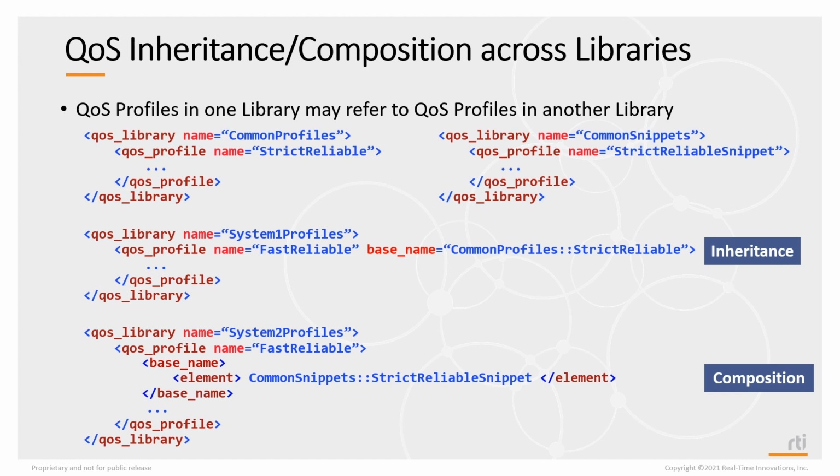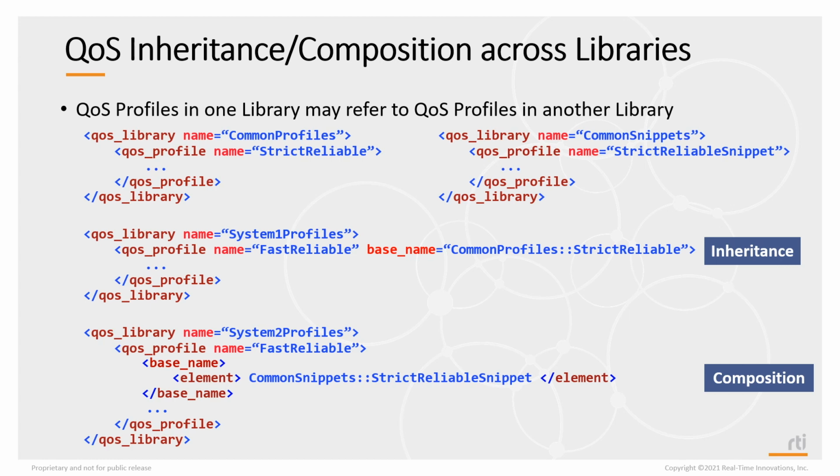Similarly, I could have a different library, let's say System2 profiles, and in there I also want to define a fast reliable QoS profile, but instead of inheritance, I want to use composition. And this will use the same syntax structure for constructing the name of the profile that I want to compose, or in this specific case, the profile is being used as a snippet, so it'll be a snippet that I want to use in my composition.